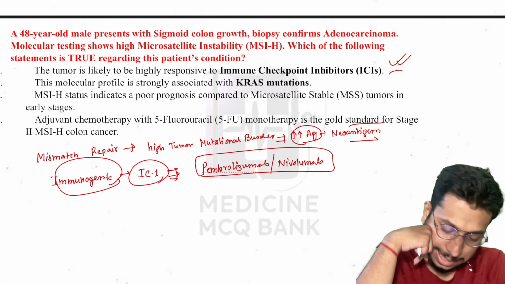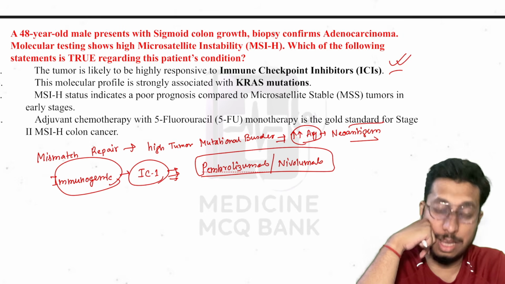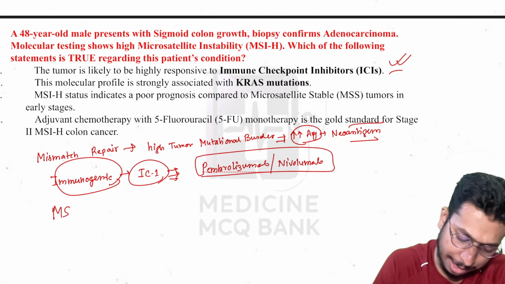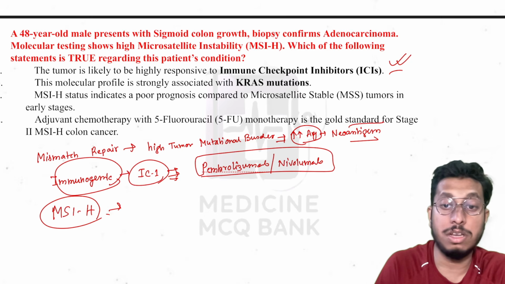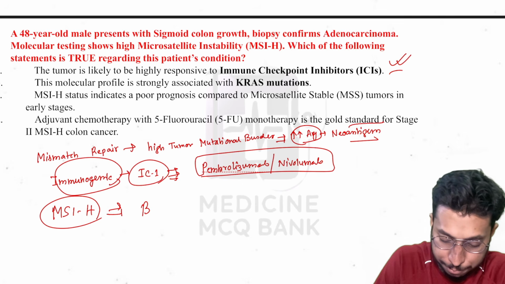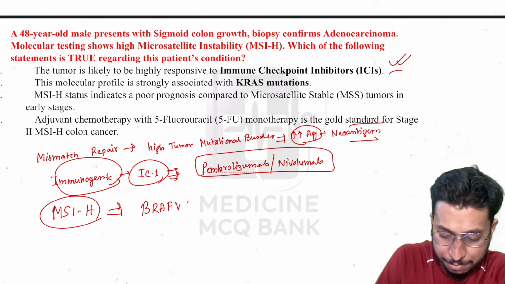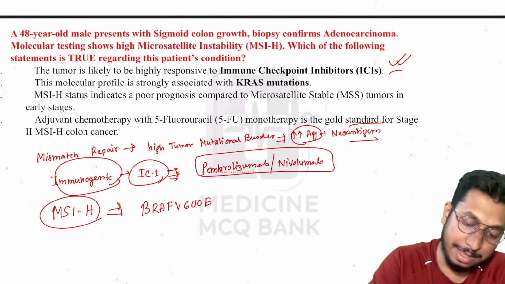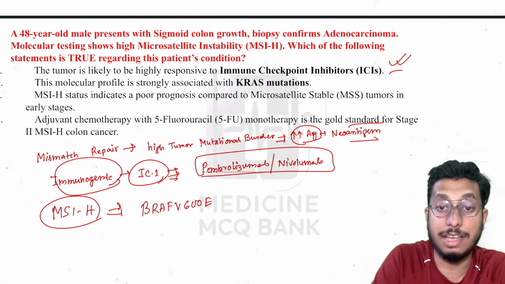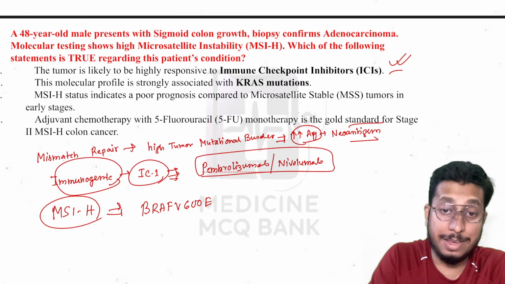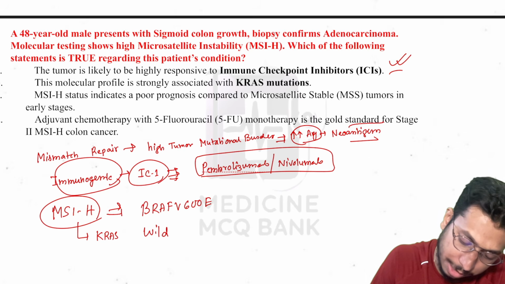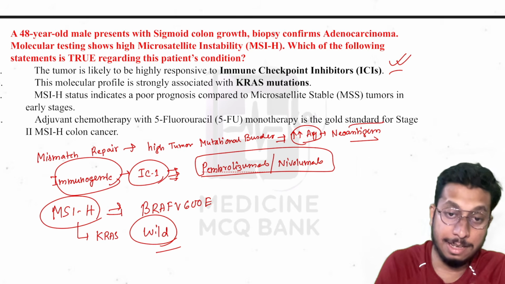Actually, the immune checkpoint inhibitor responsive ones, which are due to MSI-H instability, are more associated with BRAF V600E rather than KRAS. In fact, many MSI-H tumors are KRAS wild type, so they do not show any association with KRAS mutation.